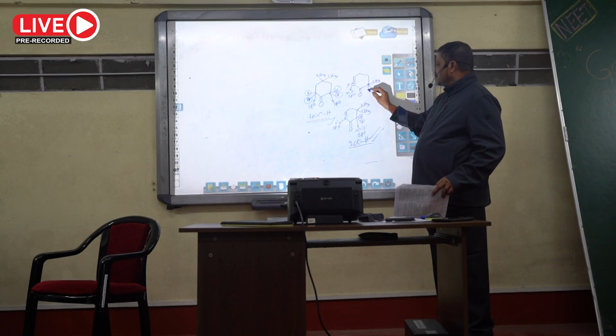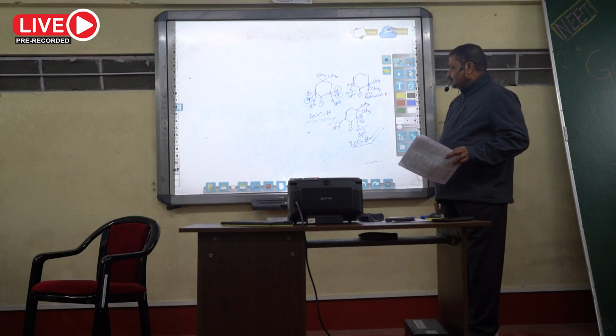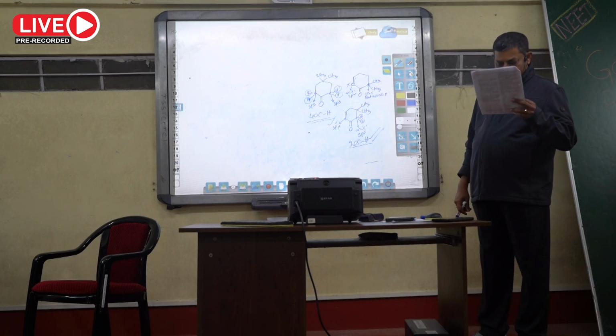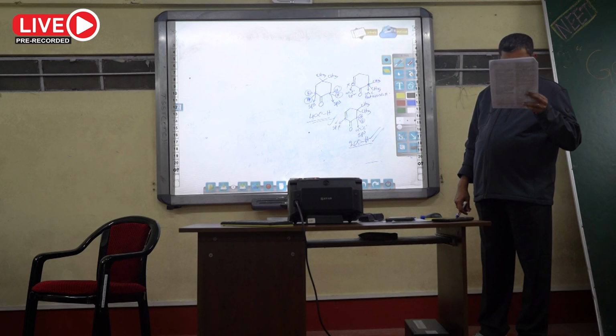This is alpha carbon, but no alpha H. So how many are possible?